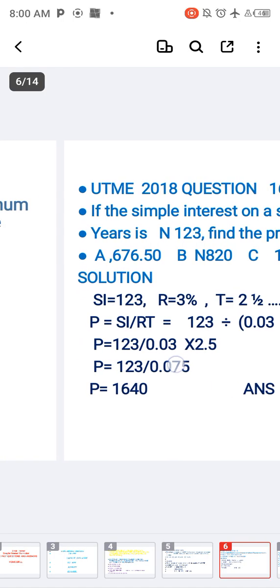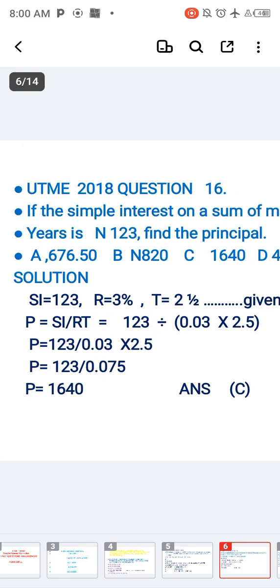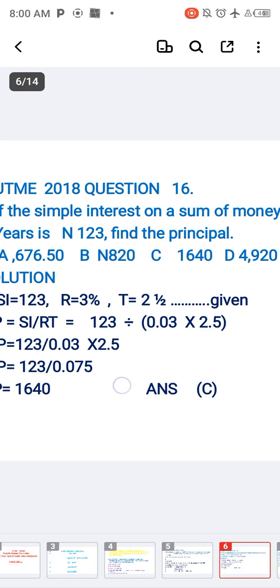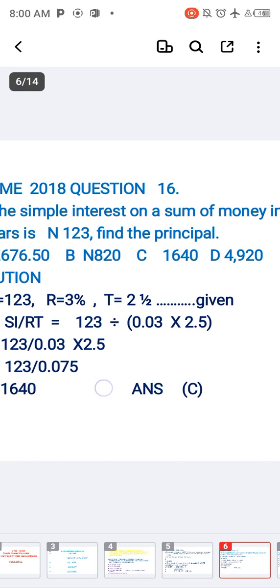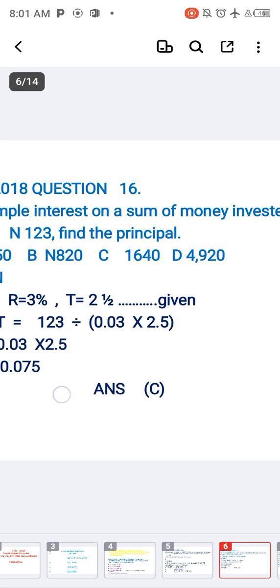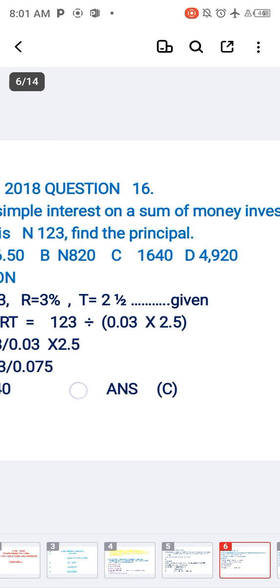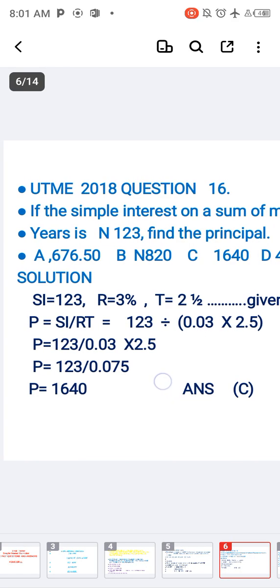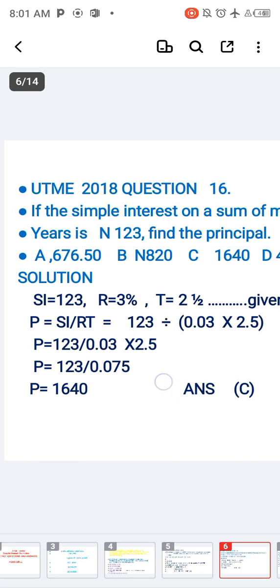And in this question, the simple interest is given, which is 123. The rate is given as 3%. Then the time is also given to be 2.5 years. All are given in the question. So what you need to do, having known the formula, is to fix these values into the formula.